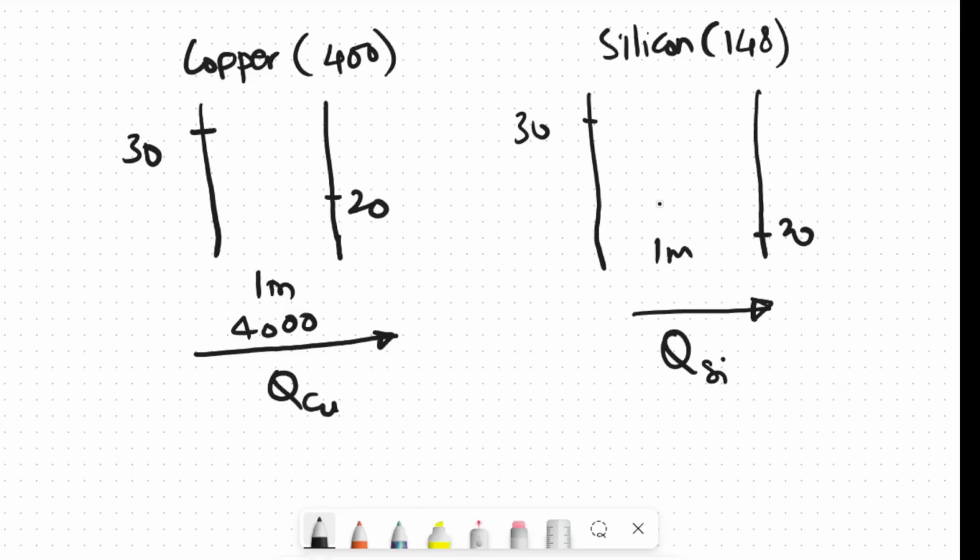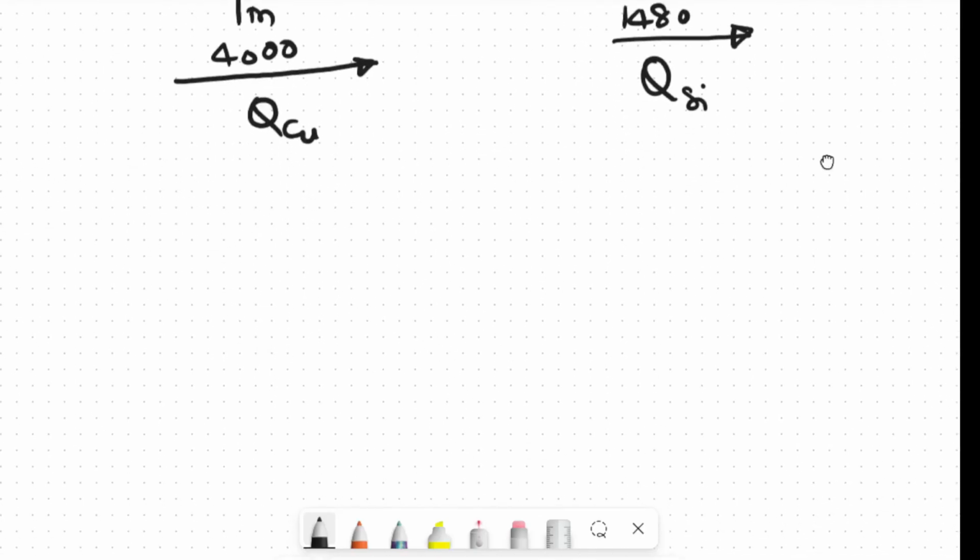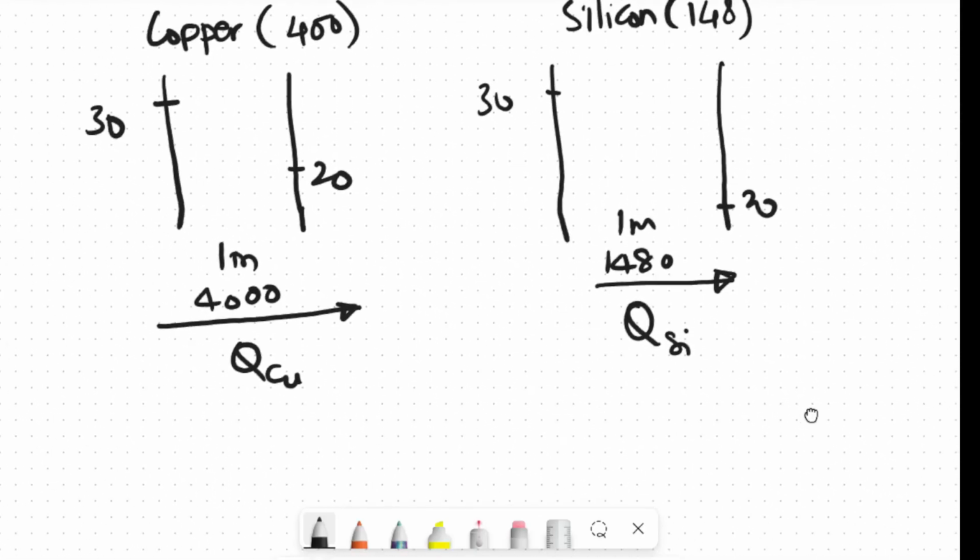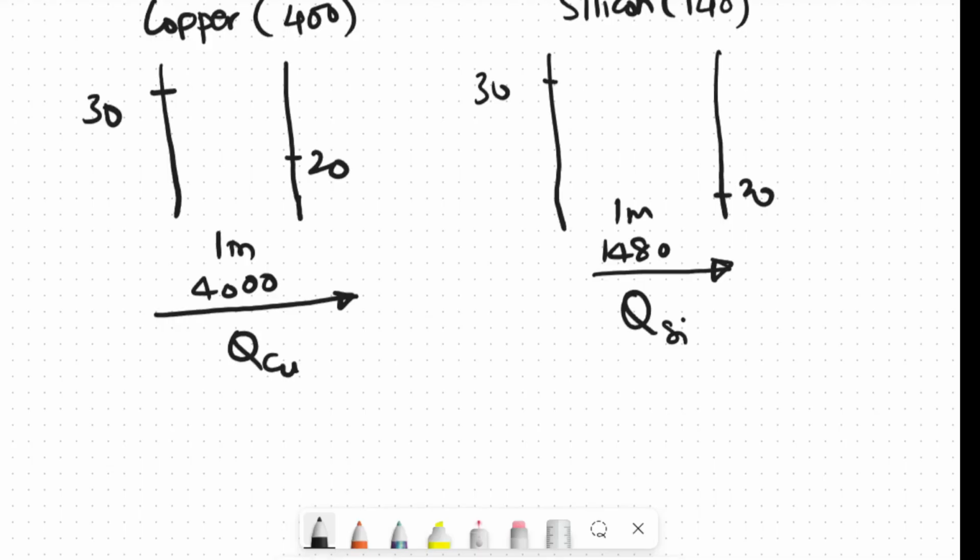For 1 meter, the heat conducted will be equal to 1480. Simple calculation. So it means that the heat conducted depends on the heat conductivity, and heat conductivity is the property of the material. The more the heat conductivity, the more heat will be conducted by the material.